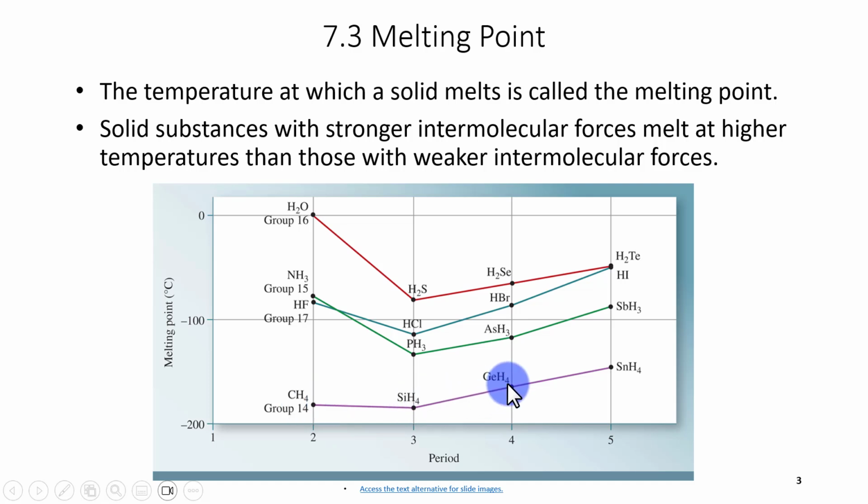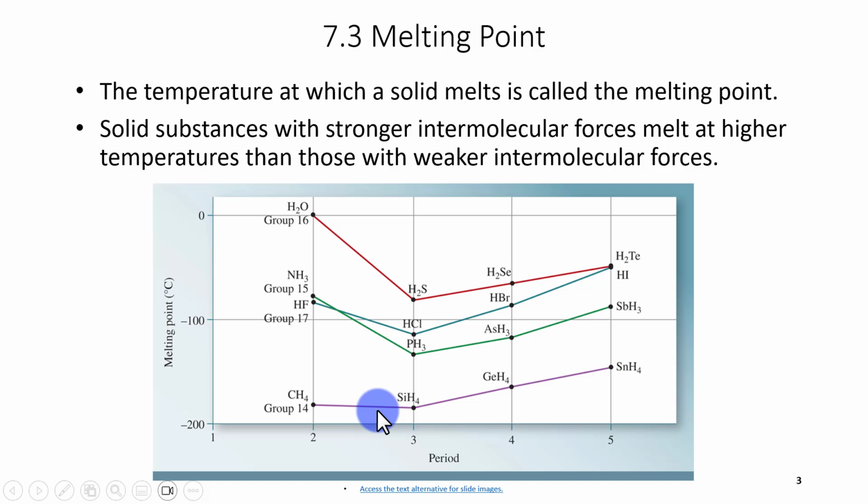Note that these are the same type of molecules. They're bonded. The only thing that's differing is the first element that's listed in that molecule, and they're elements of group 14, for example. So carbon tetrahydride. This is silicon tetrahydride. This is germanium tetrahydride. This is tin tetrahydride, right?